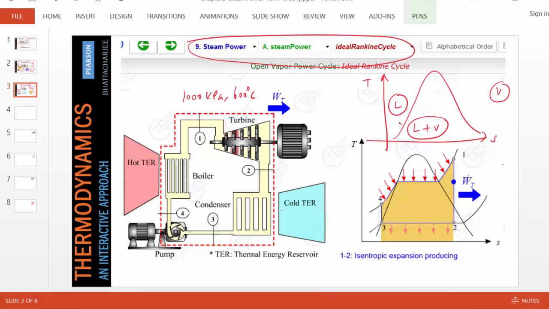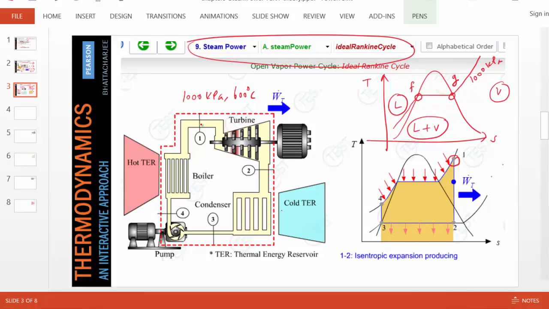A constant pressure line on a TS diagram looks something like this, a knee-shaped graph if you recall, with saturated liquid and saturated vapor represented by F and G states. So if this is the 1000 kPa line, a superheated vapor point, state 1, would be somewhere up there in the superheated vapor region.